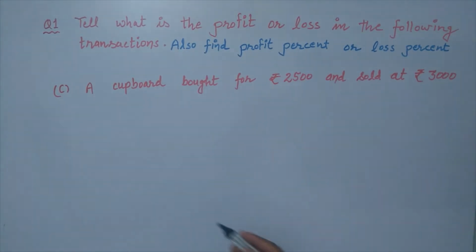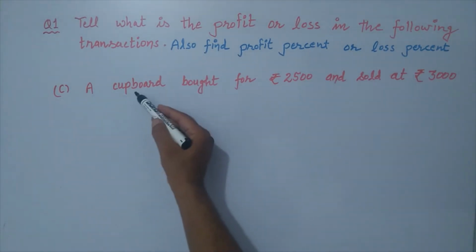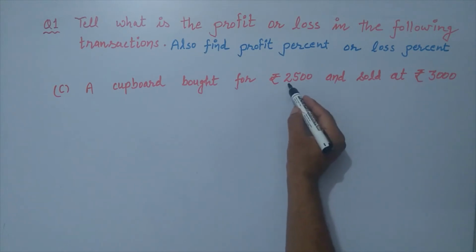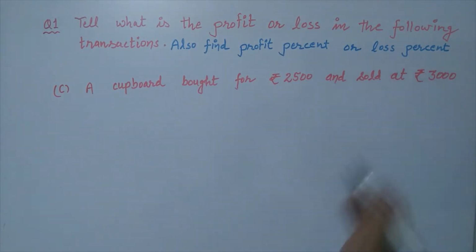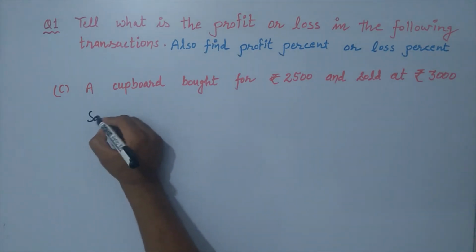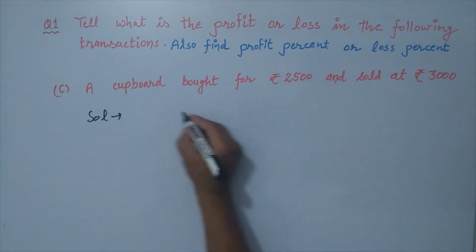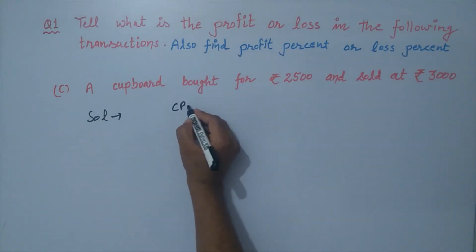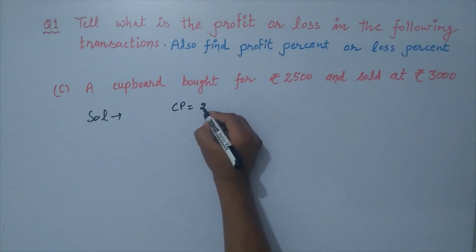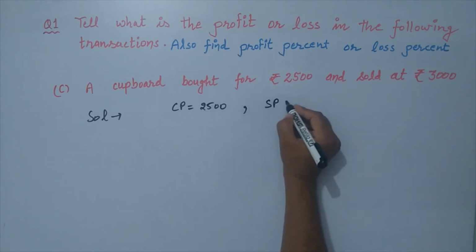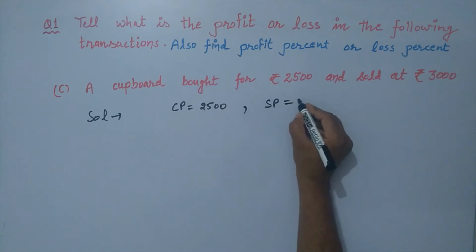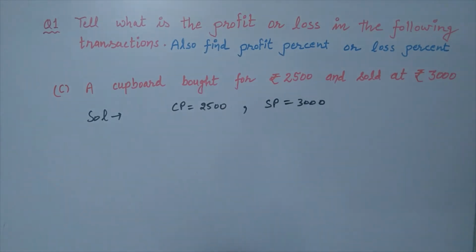Now part number C. A cupboard bought for rupees 2,500 and sold at rupees 3,000. First of all, what is cost price? This is 2,500. What is selling price? This is 3,000.